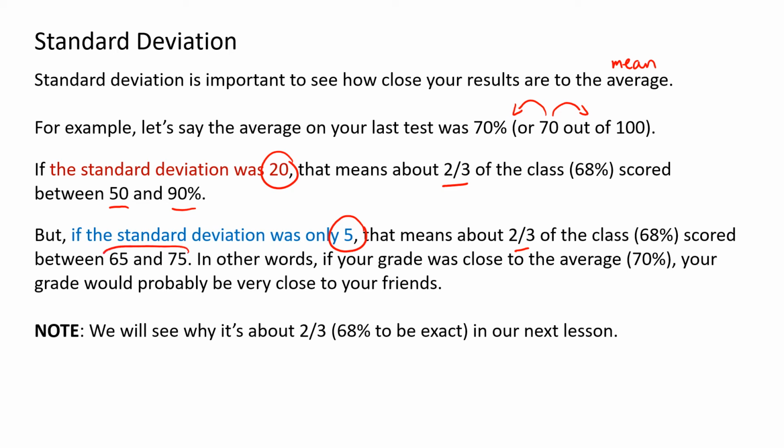Now that range is between 65 and 75 versus 50 and 90. So if you got around the class average, you probably got really close to your buddy in terms of your grade, because your standard deviation was small, and it meant that a higher majority of you scored within a similar range.